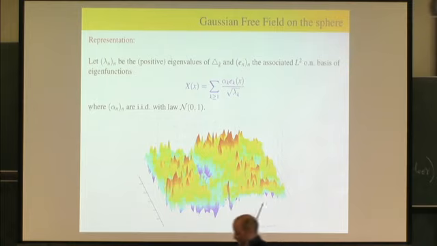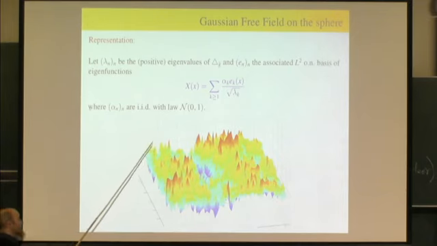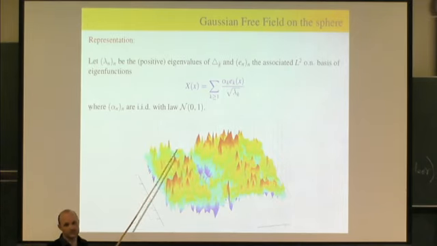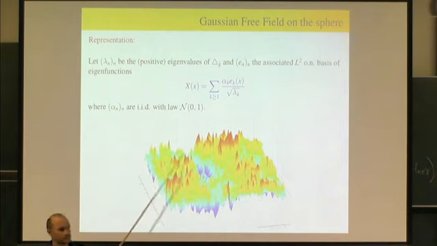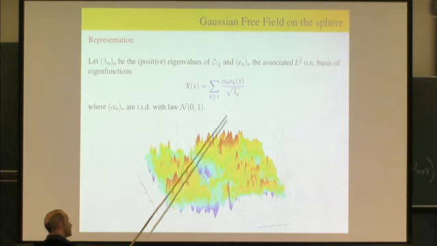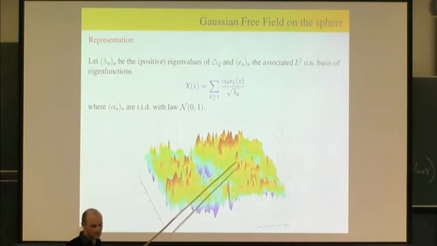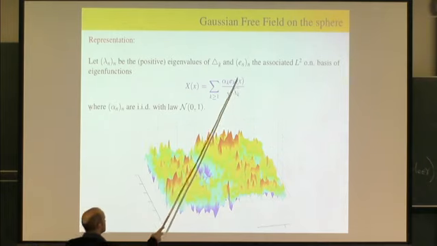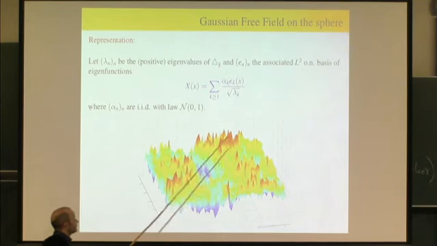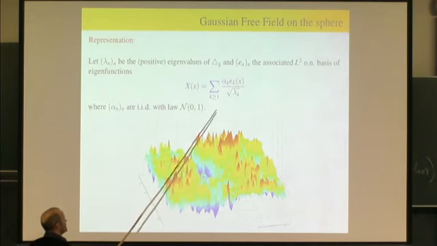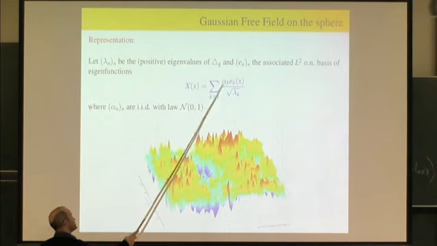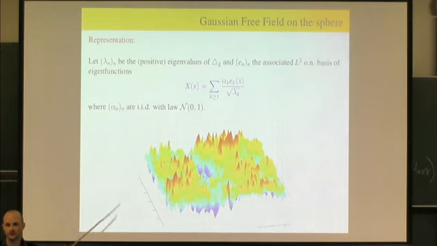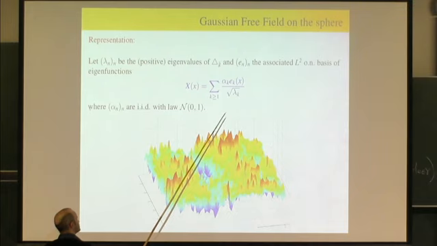The thing which is very nice with this Gaussian free field, at least on the sphere, is that you can expand the Laplace-Beltrami operator on the sphere along its eigenfunctions, and you can normalize your eigenfunctions to be an orthonormal basis of L2. Call these eigenfunctions En. Then you take an IID sequence of standard Gaussian random variables, and here you have the eigenvalues of the Laplacian.